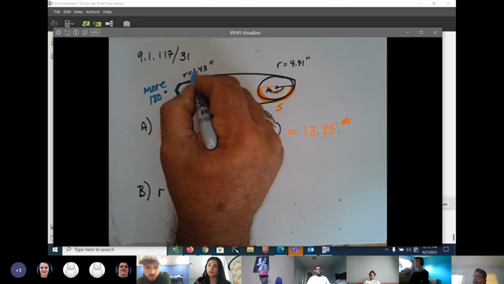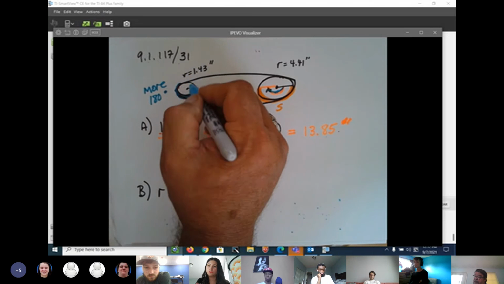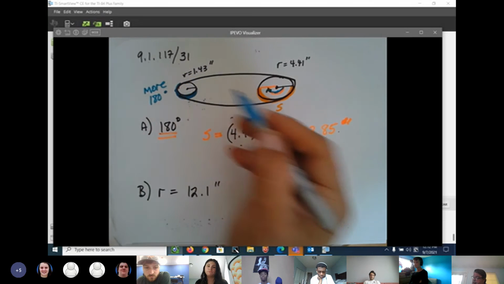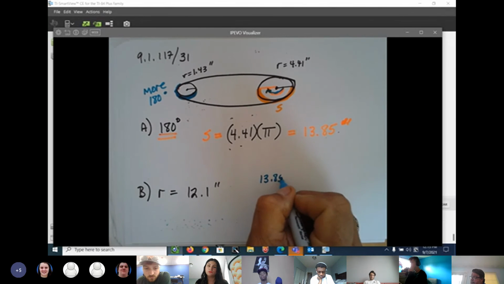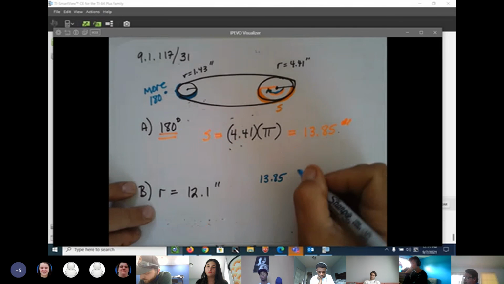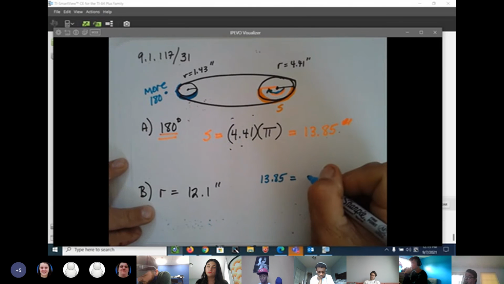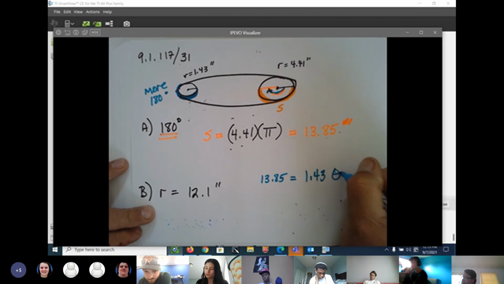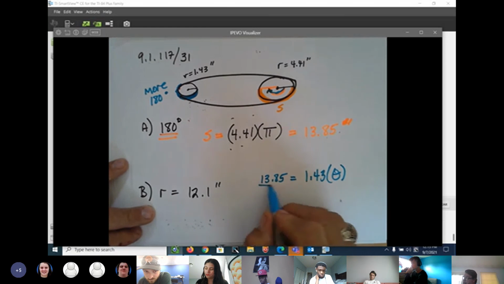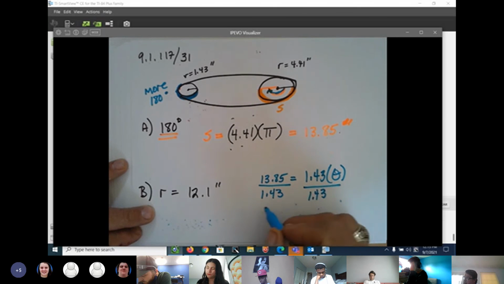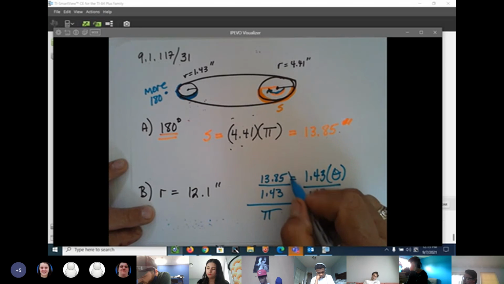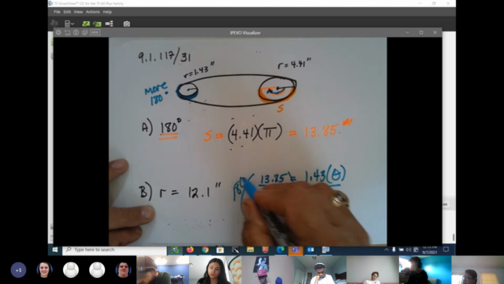So we've got R and we've got S. So S, 13.85, equals 1.43 times theta. So divide by 1.43, and we're going to divide that by pi and multiply it by 180.